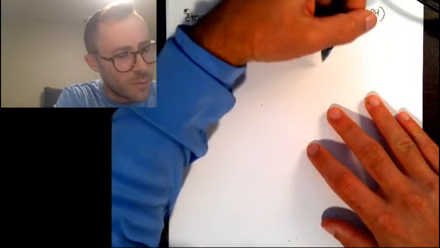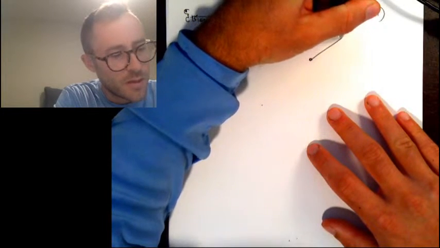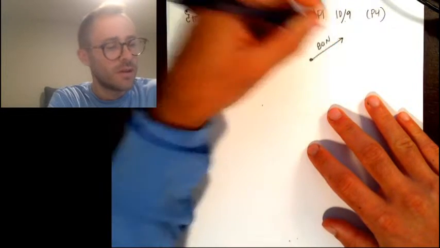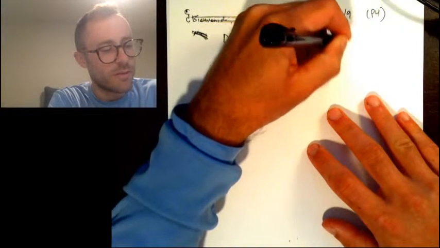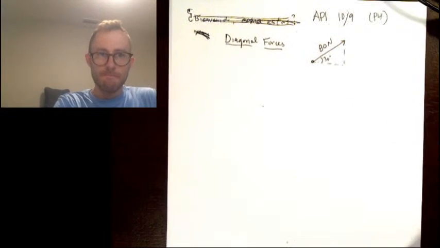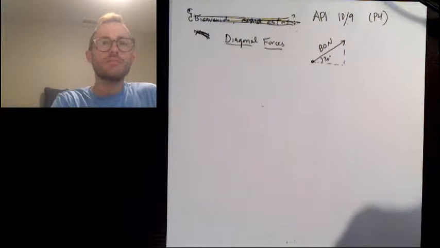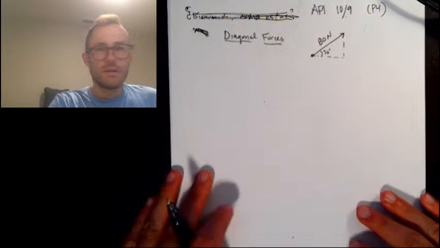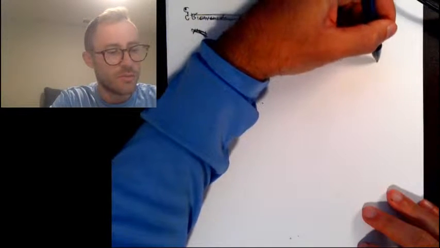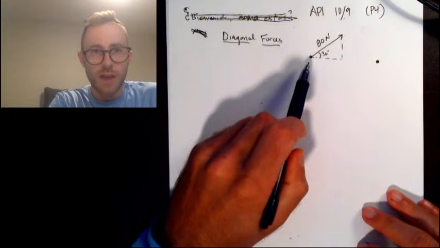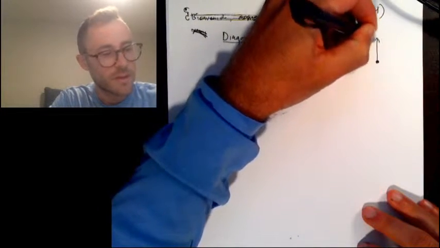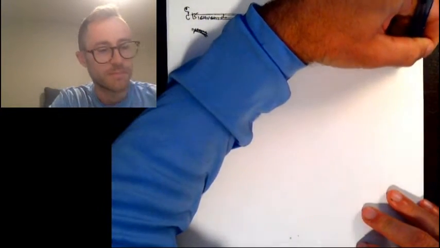So what if we have a force, for example, that is 80 newtons, and it makes an angle of 30 degrees with the horizontal? Anytime you have a diagonal force, you want to break it up into a vertical force and a horizontal force.